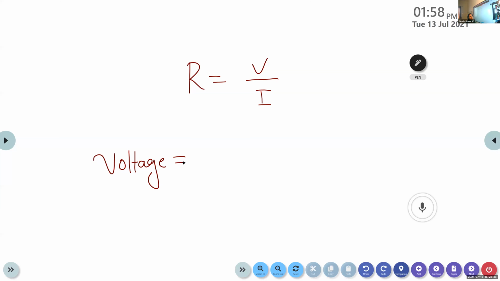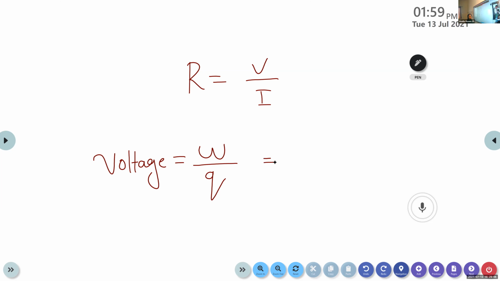What is the equation for calculating voltage then? Work done divided by charge. Because it is the amount of work done to carry the charge Q from one point to another point. That is what is known as potential difference or voltage or electric potential. Voltage is equal to work done divided by charge.